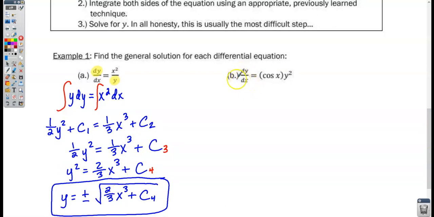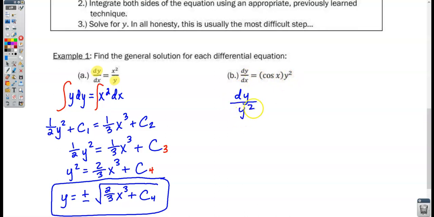All right, example 1b, dy dx equals cosine of x times the quantity y squared. First thing I'm going to do is separate my variables. So my dy and my y's are all on the left-hand side, and my dx and my x's are all on the right-hand side. I do that by multiplying both sides by dx and dividing both sides by y squared.